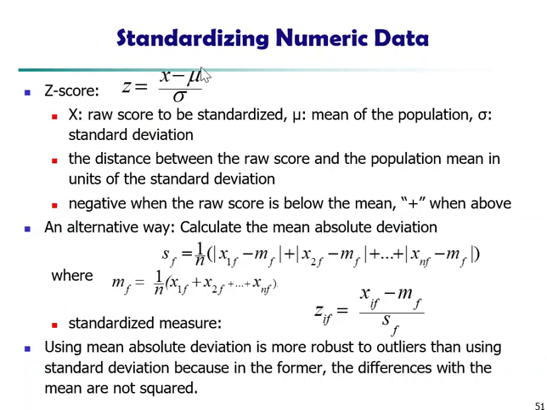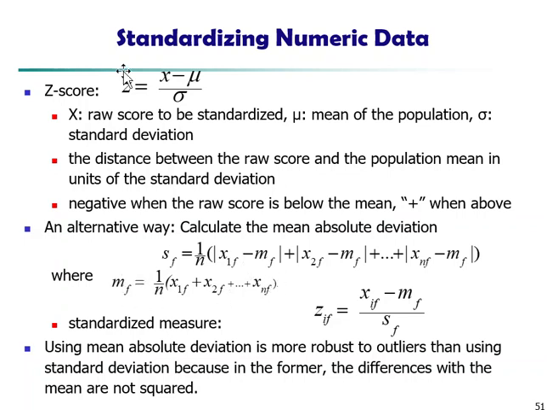Earlier, remember when we discussed standard deviation, we talked about an alternative way to measure data dispersion. That was the mean absolute deviation, where we don't use the square, but we take the absolute value of the difference between a value and its mean. So M is the sample mean here.